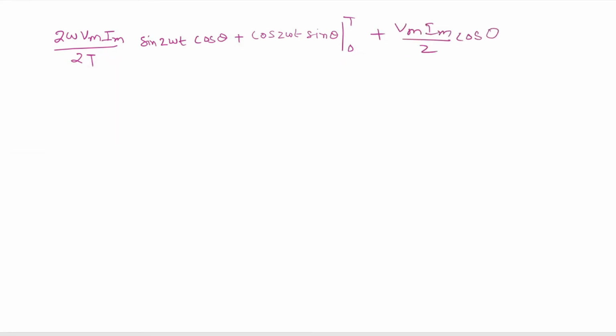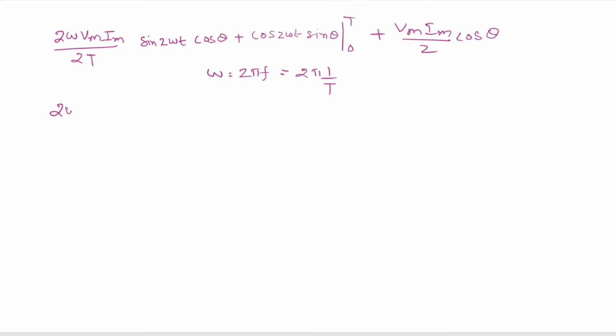Omega is equal to 2 pi f, and 2 pi f is 1 by T. Substitute that.